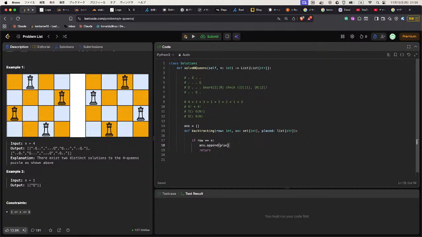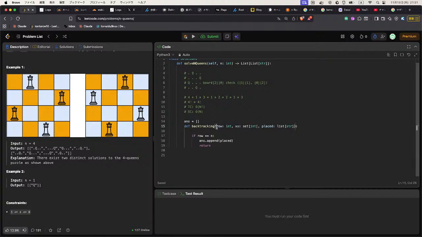So the placed list of strings represents the board that we have finished placing n queens. So here is the base case.